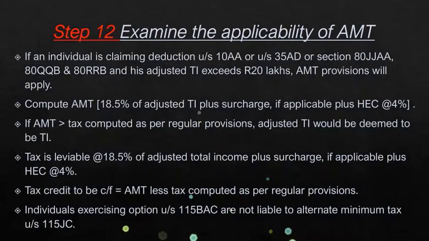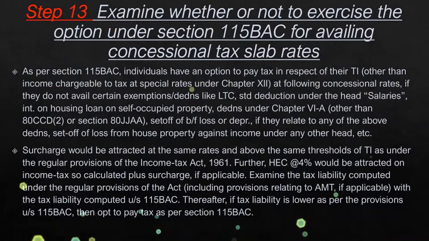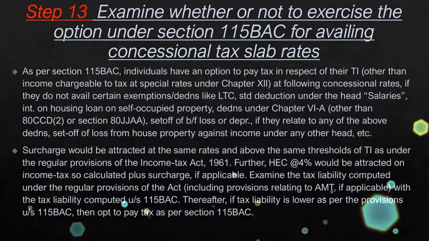Tax credit to be carried forward equals AMT less tax computed as per regular provisions. Individuals exercising option U/S 115BAC are not liable to alternate minimum tax U/S 115JC.